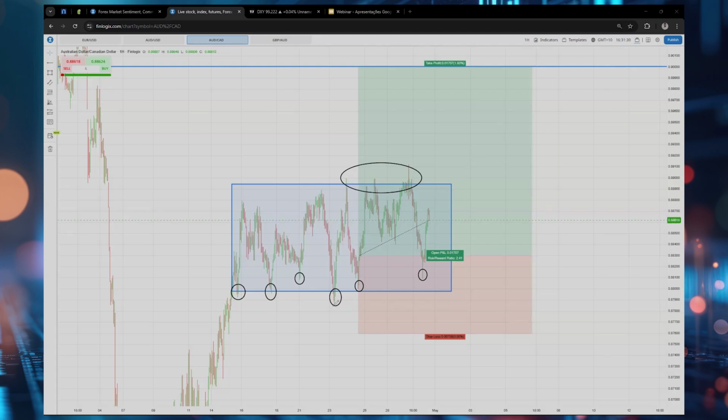Whatever side it breaks, it can potentially be to the downside or to the upside. But if we have a higher high than this high, most likely it will be to the upside. Cool bananas.